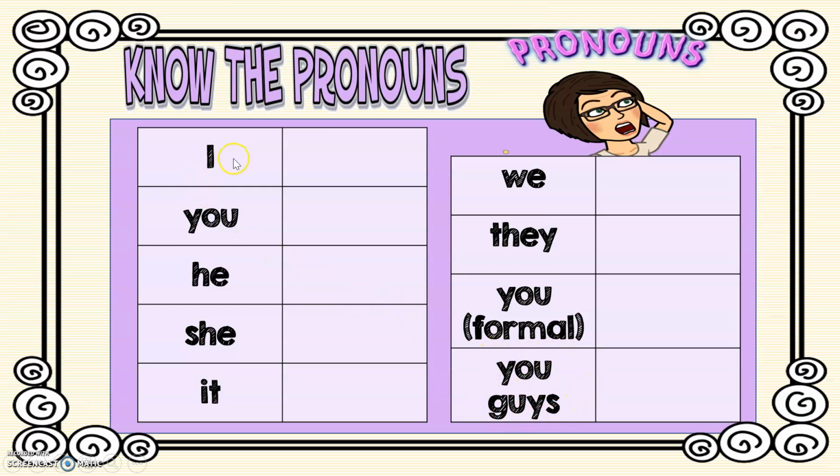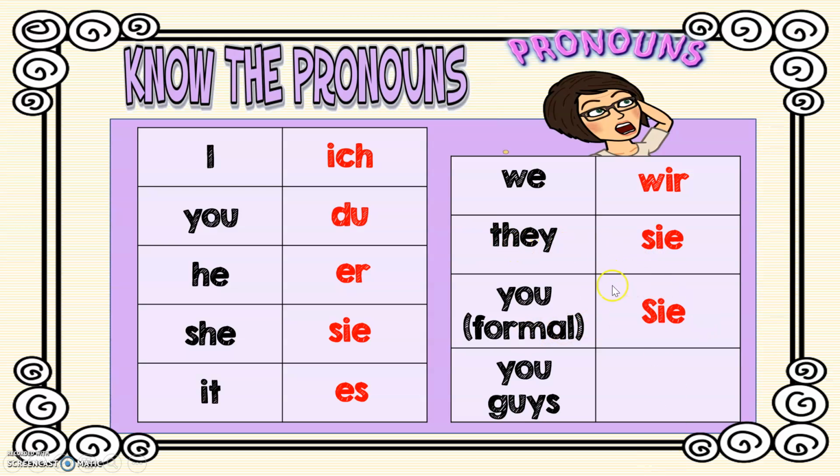Do you remember some of these pronouns already? I is ich, you is du, he is er, she is sie, it is es, we is wir, they is sie, you formal is Sie, always capitalized, and you guys is ihr.